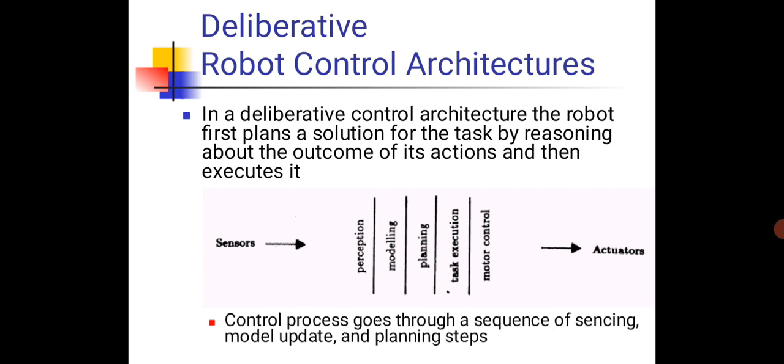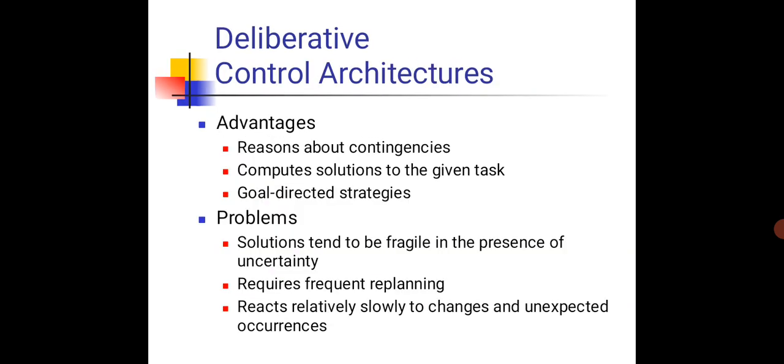The control process goes through a sequence of steps, such as sensing, model updation, and planning. And what are the advantages of this, and what are the problems normally faced? The advantages: it reasons about contingencies, computes solutions for the given task, and these are goal-directed strategies.